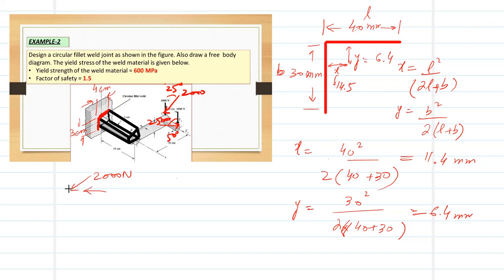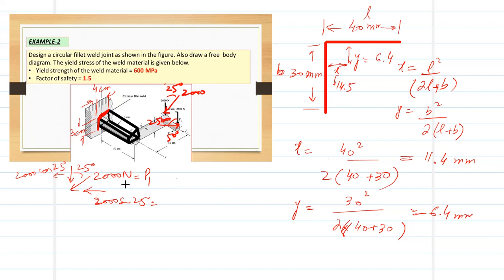This angle is 25 degrees. So this will become the cos component: 2000 into cos 25 degrees. This is 2000 into sine 25 degrees. This is P1. Clear? Just now finding the magnitude.